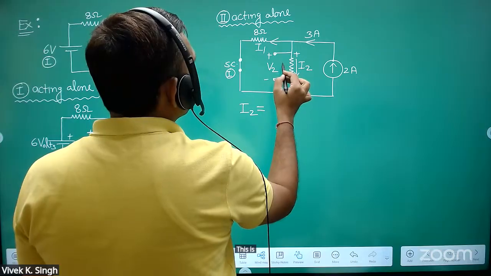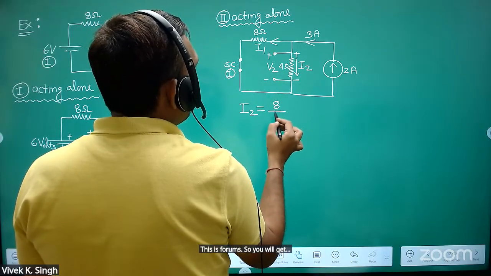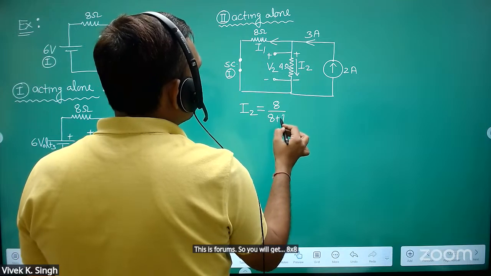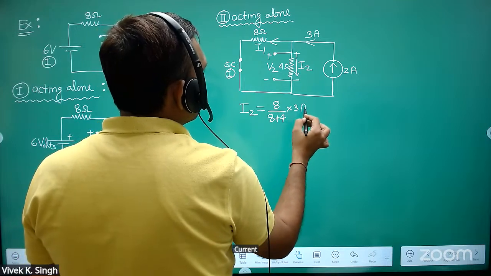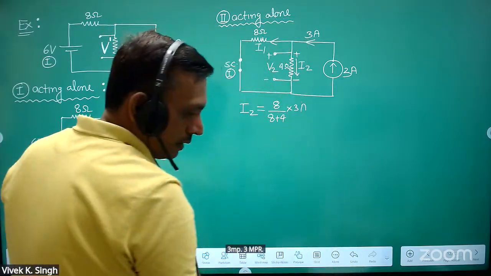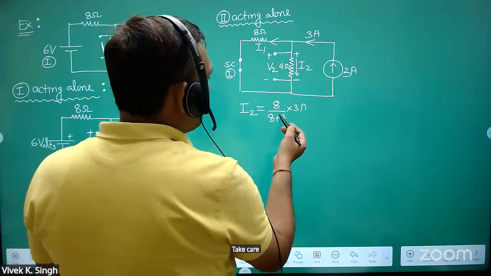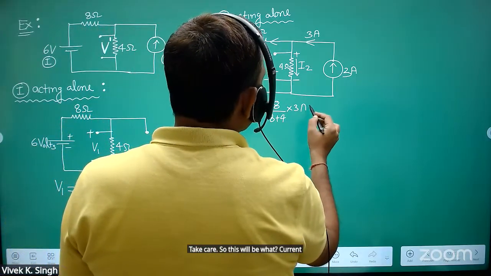This is 4 ohms. So you will get 8 by 8 plus 4. और current source 3 ampere का नहीं है, 2 ampere नहीं, 3 ampere. This is given as 3 ampere. Okay? So this will be what? Current division.